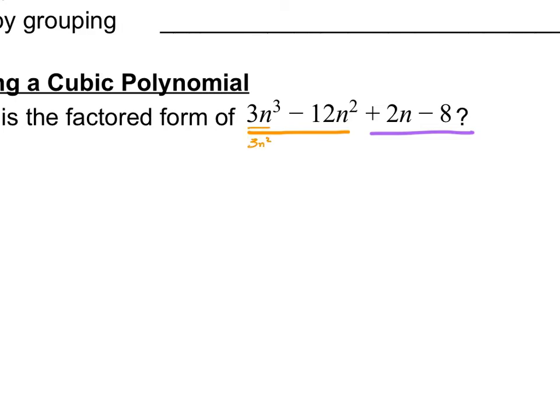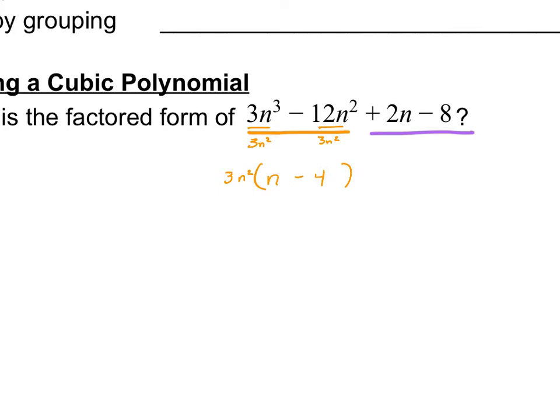I'm able to factor that out of both terms. So I have 3n squared, leaving behind n minus 4. If I factor out 3n squared from both of those terms, it leaves the binomial n minus 4.